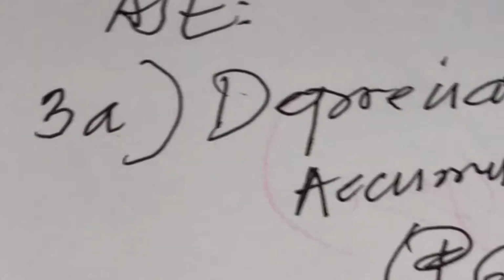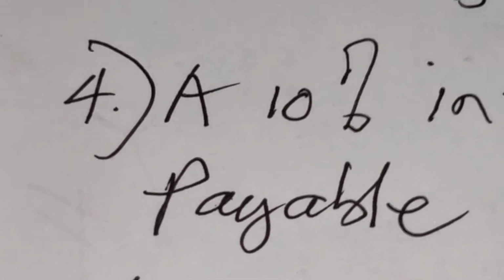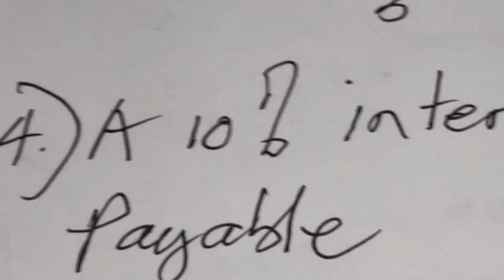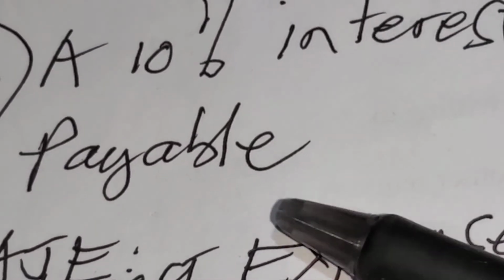Okay. Now we go to number 4 adjustment. A 10% interest has accrued on notes payable.